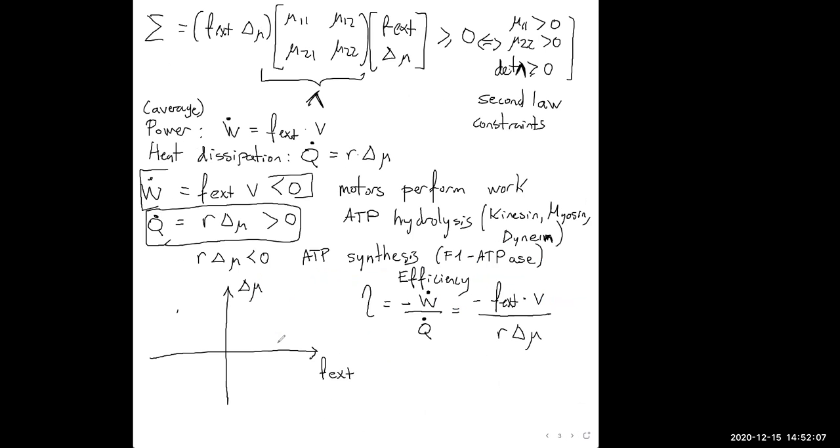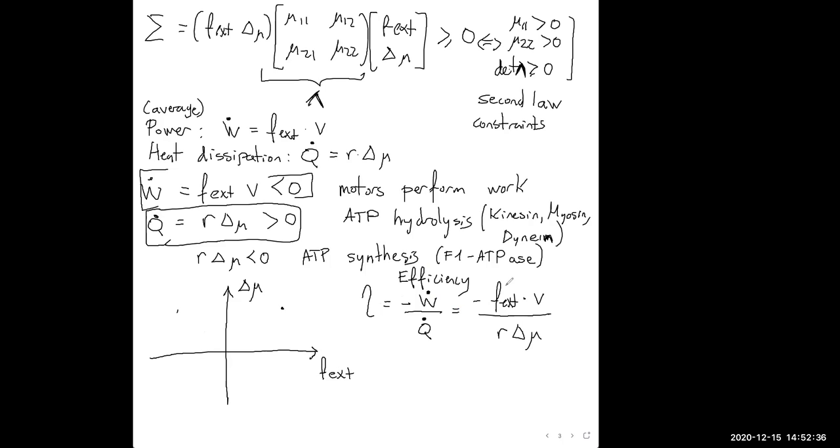So this motivates the question: what is the efficiency along this plane? Following Boris' question, you see that in different points in this diagram, we will have positive or negative velocity. So you have F and delta mu for given values. Let's see what the value of this efficiency is.